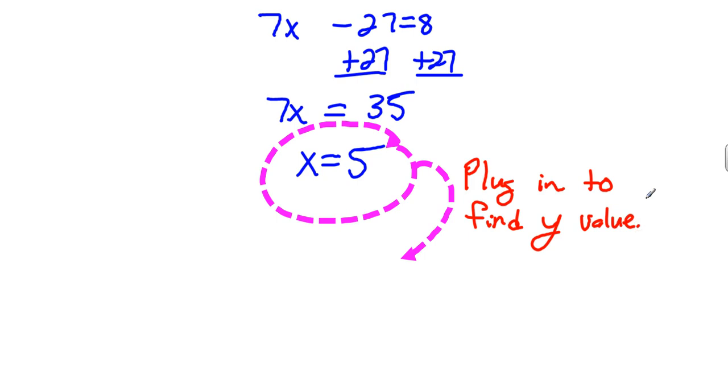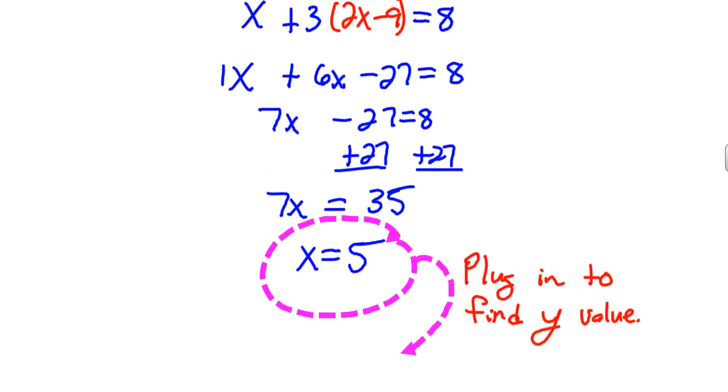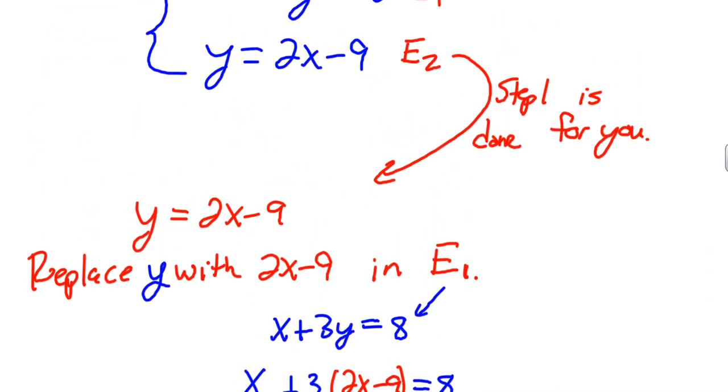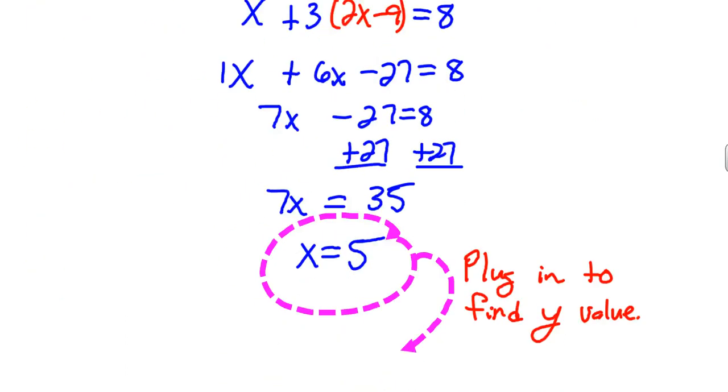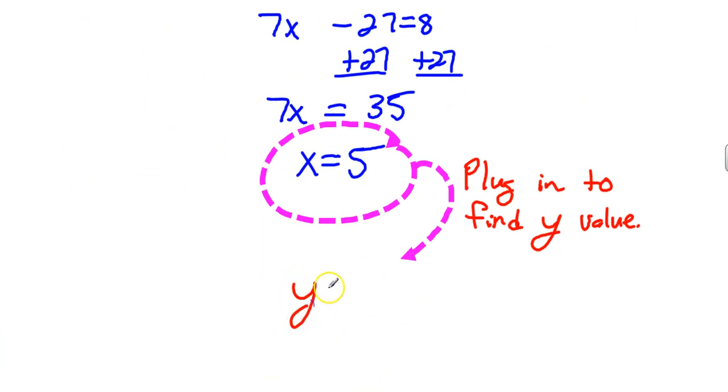You can plug it into any equation that's got x and y in it, but the one we used back up in step 1 is going to be the best one. This was already done for us, so we're going to use y equals 2x minus 9. We're going to take out this x and put 5 in its place.